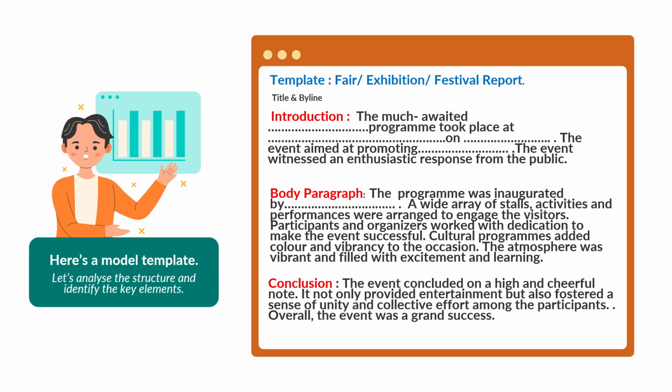Now talking about the body for these kinds of reports, like for fairs and festivals, you need to make the reader feel the event is alive while remaining very formal. And as with all reports, it should conclude on a formal summary that reflects the event's success. For example, the fair concluded on a high note, with a vote of thanks, leaving everyone with memorable experiences to cherish.